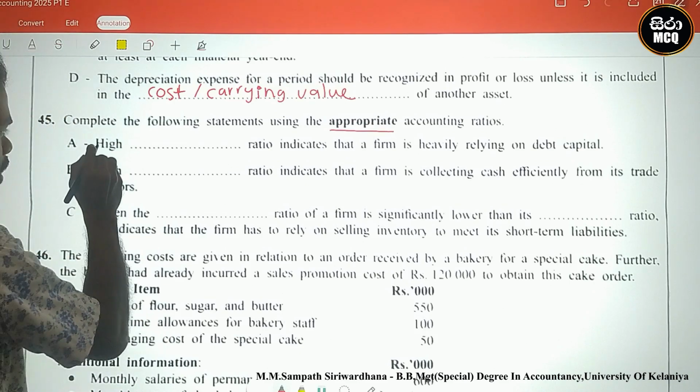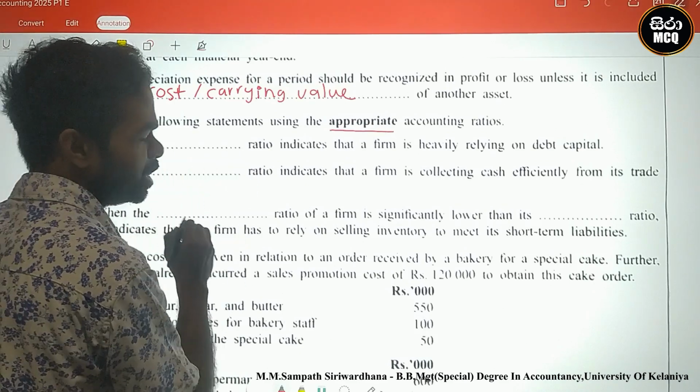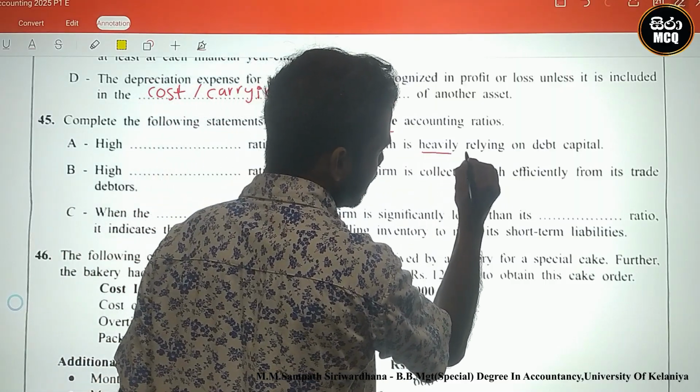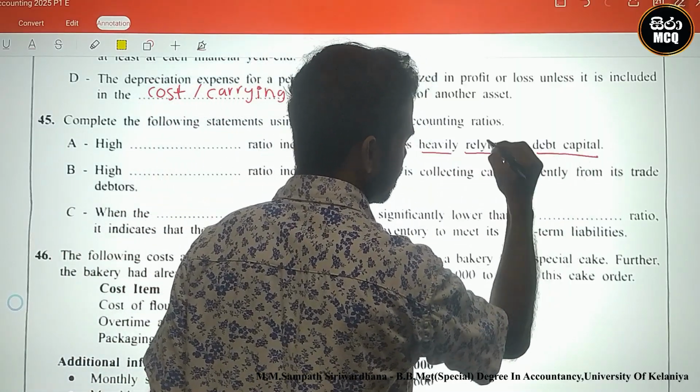Look here, first one: a high blank ratio indicates that the firm is heavily relying on debt capital.